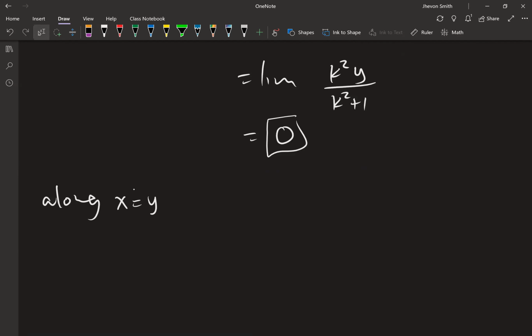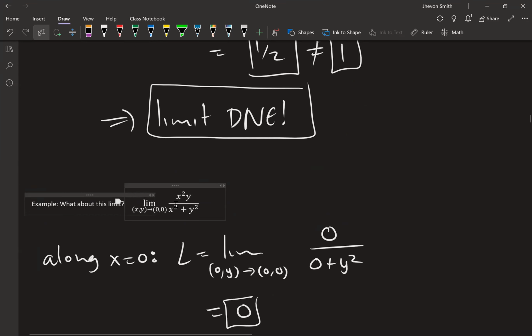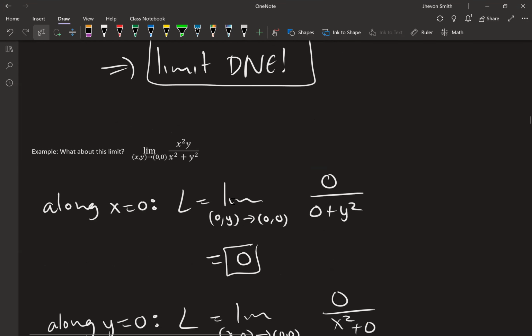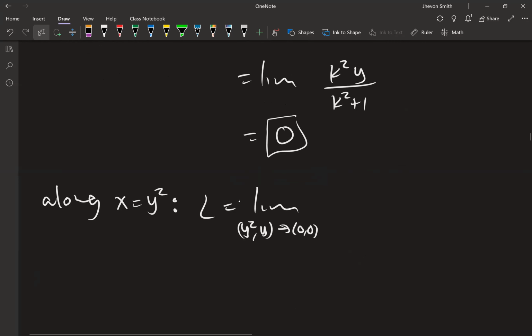Last time, x equals y squared. Is that going to work? Our L is going to be the limit. x equals y squared. This has to work. Okay, that would be y to the 4th times y. That's y to the 5th. This would be y to the 4th plus y squared. Is this going to do anything?